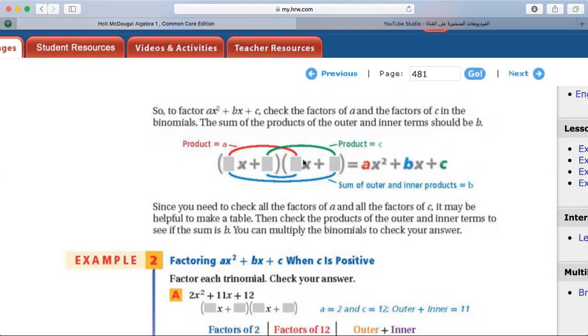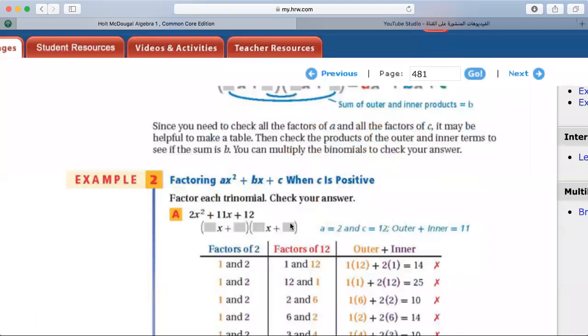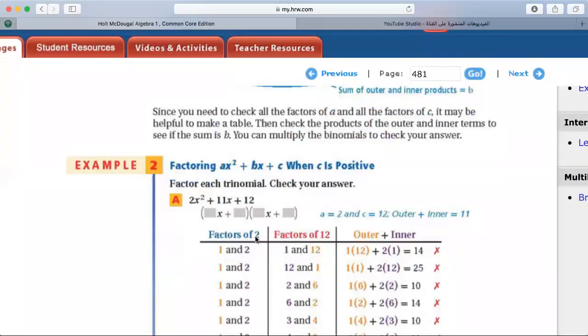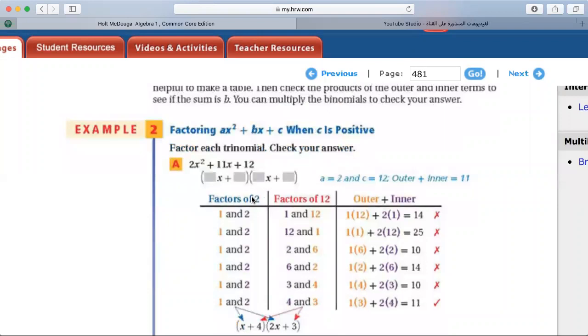How am I going to do this? I'm going to do this by using a table. Factors of A, factors of C, outer plus inner products. Factors of 2, which is A, factors of 12, which is C, outer plus inner products. And I will keep trying. Factors of 2: 1 and 2.